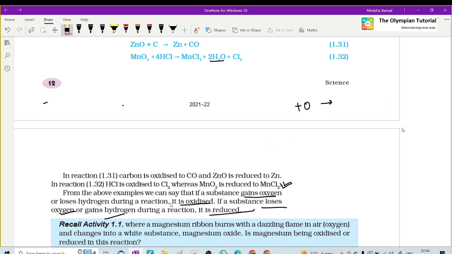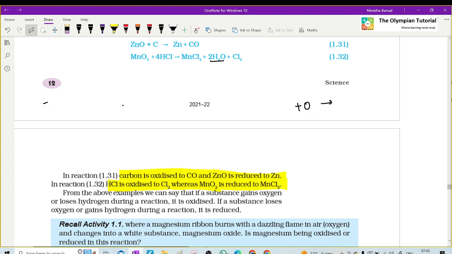Write down: carbon is oxidized to CO and ZnO is reduced to Zn, and HCl is oxidized to Cl2, whereas MnO2 is reduced to MnCl2.